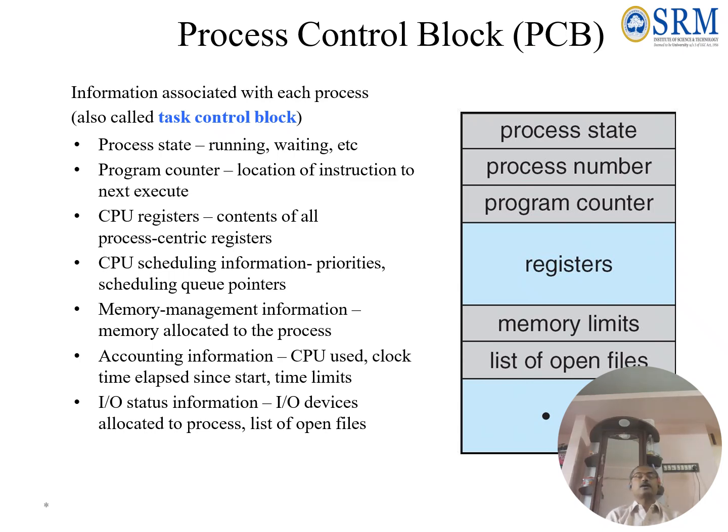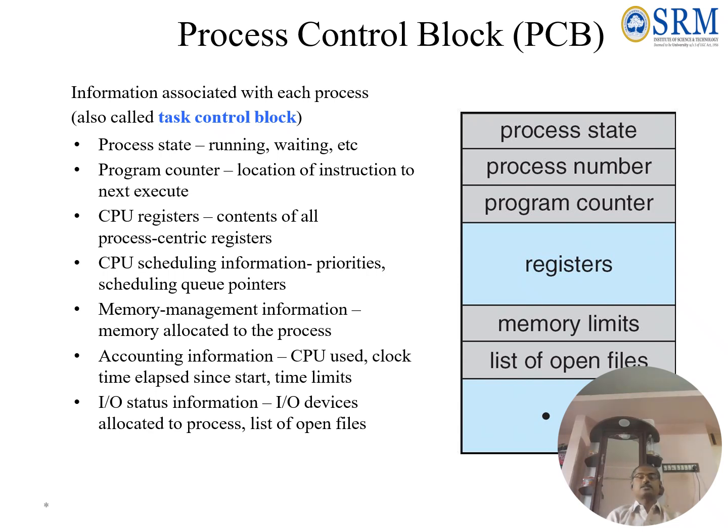That is, the state of the process, the process number, the program counter value, the registers it is using, memory limits from where to where it is using, and the list of open files. These are some of the information associated with each process.